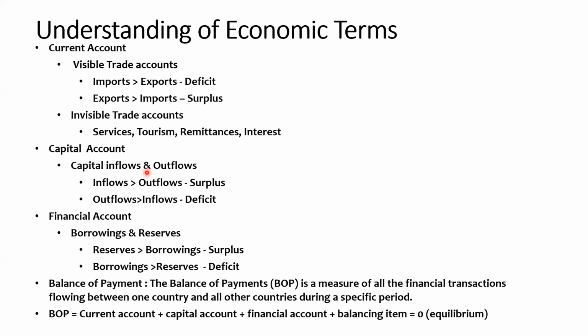That means another thing: these current accounts have the visible and invisible, the services, tourism, remittances. Now, interest means we in our country have not invested in major things in other countries. That means we may not get interest from our investments.